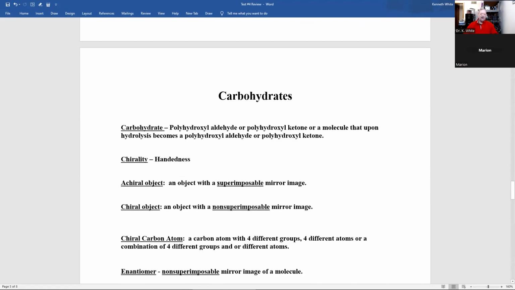Next, I talked about carbohydrates. And a carbohydrate is a polyhydroxyaldehyde, polyhydroxyketone, or a molecule that upon hydrolysis becomes a polyhydroxyaldehyde or polyhydroxyketone.